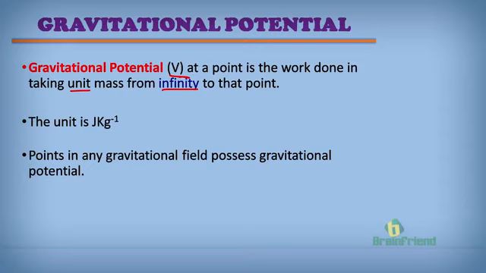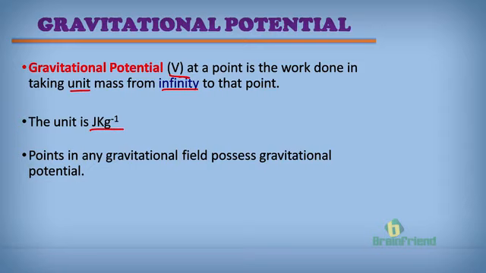Because we're talking about work done, and the unit of work is what? Joule. The mass of the body, remember, is unit mass. That is why we're saying per kilogram. The work done, that is in joule, in carrying a body of unit mass from infinity to a particular point. Remember, the SI unit of gravitational potential is joule per kilogram.